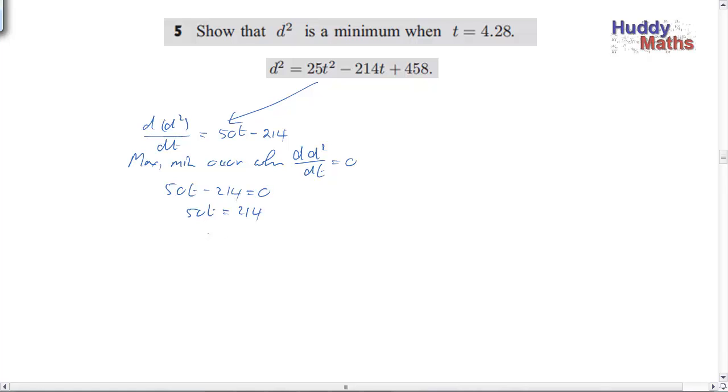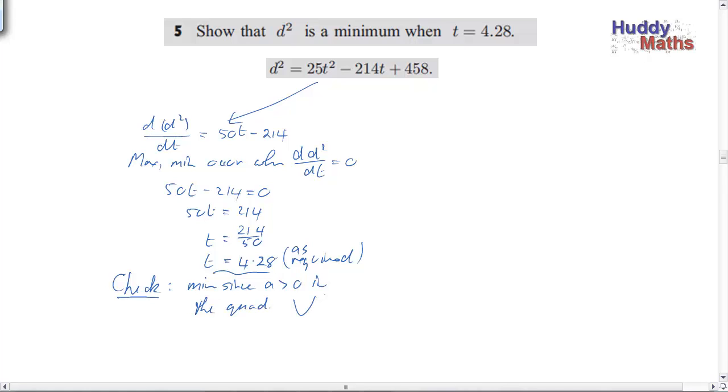This is 214 over 50, which is 4.28, as required. Okay, so that would be one way, and we should check that it's a min, sorry. Check minimum since a is greater than 0 in the quadratic.